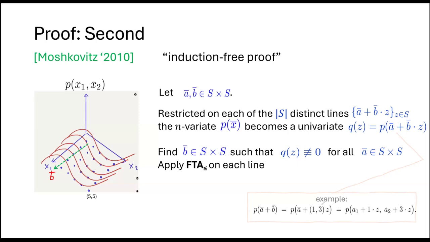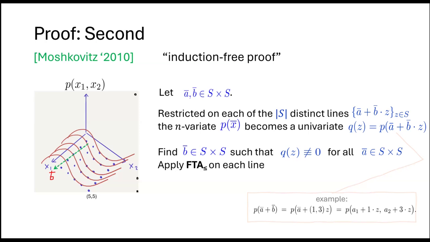And here in the example, if for instance B is (1,3), then that's what you get. This is what I mean by P on this line. So you do it coordinate-wise. So it's quite simple now. We consider the polynomial when the input parameters are over this line.